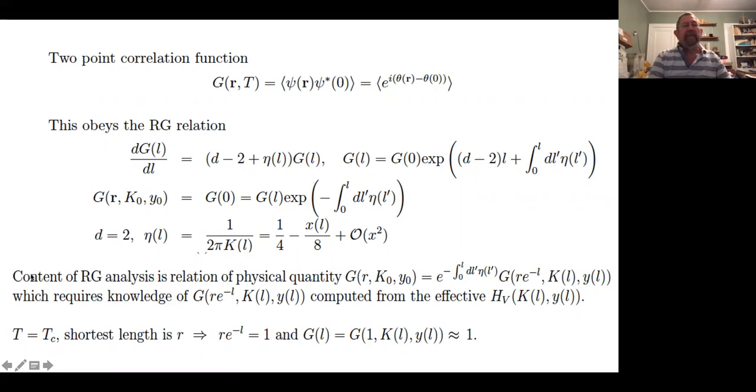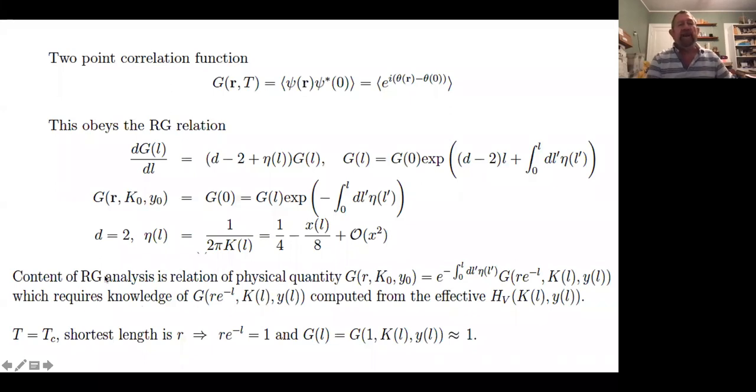Now, the content of the renormalization group analysis is a relation of the physical quantity, the Green's function or correlation function, to the correlation function at the scale L, times this factor e to the minus integral 0 to L dL prime eta of L prime.